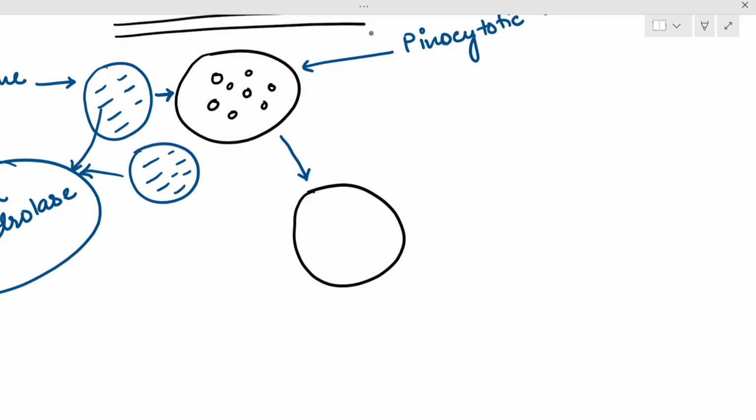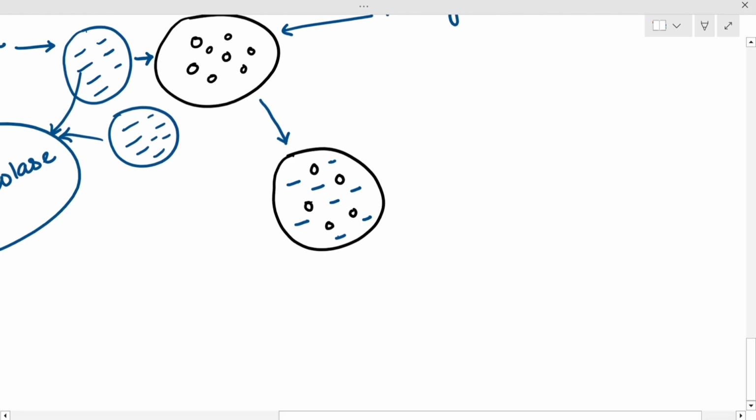Okay. These are the macromolecules and these are the enzymes which are needed to digest these macromolecules. Okay.